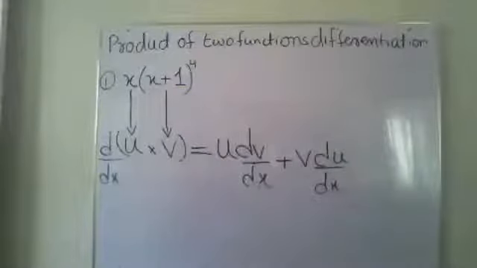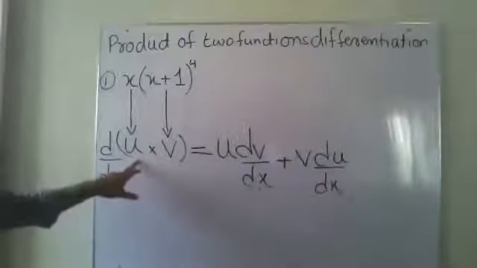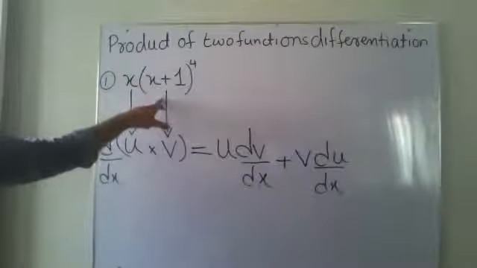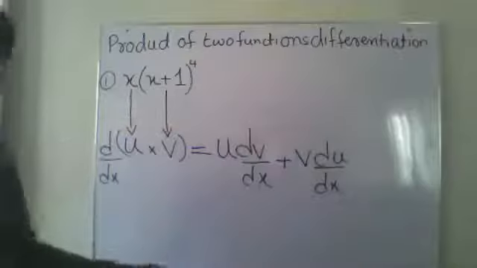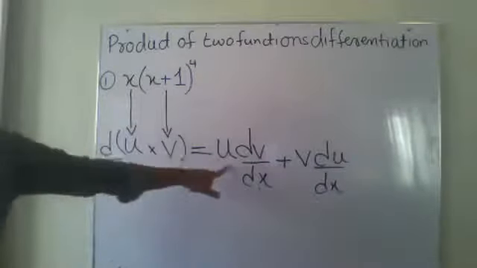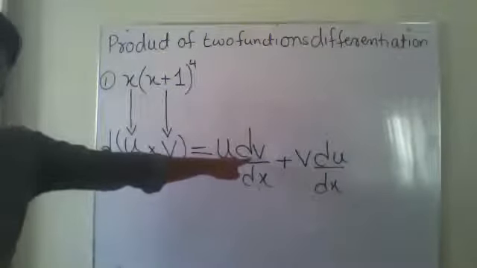Okay, so what is the rule saying? The rule is telling you that if two functions are being multiplied, how will you differentiate it? You will write your first function and multiply it with the derivative of the second function.